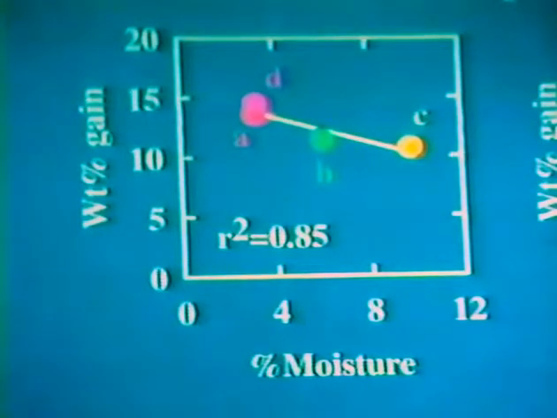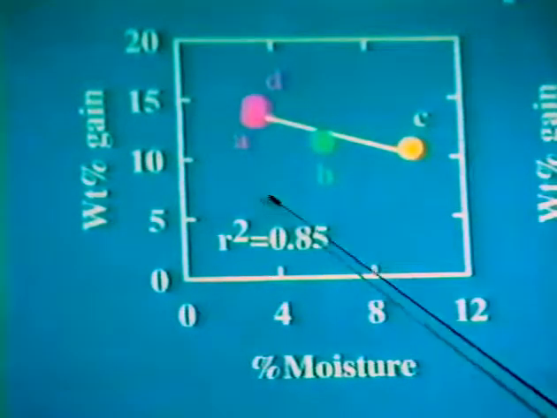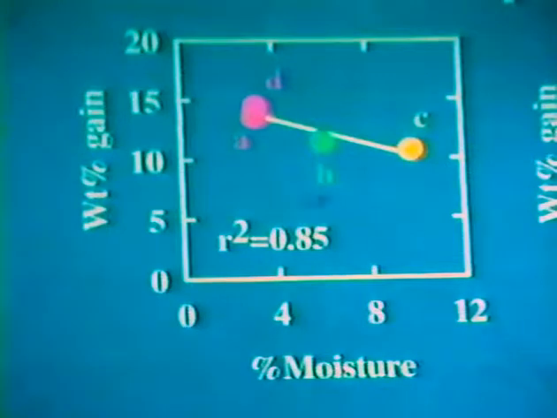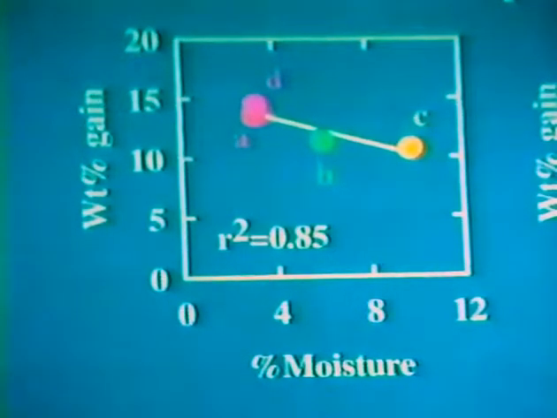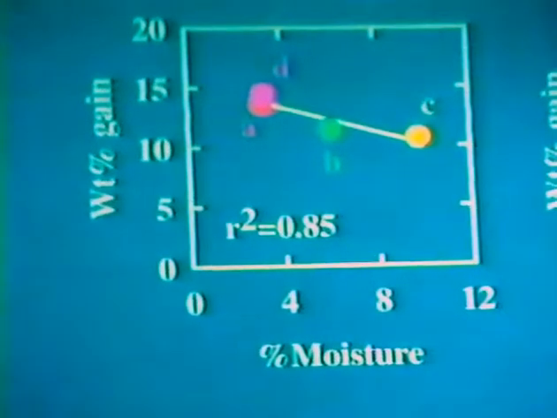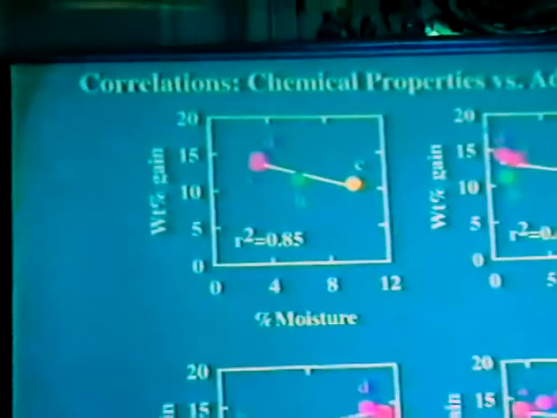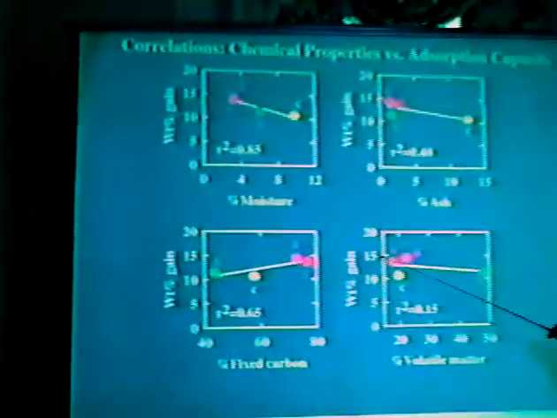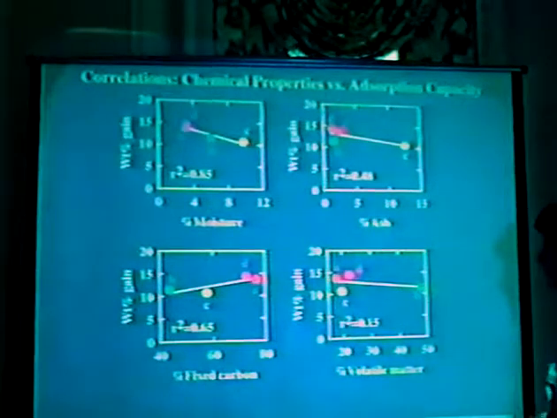So we feel that there's some other property here that also affects moisture that is causing this correlation. Otherwise, the two good performing carbons did have very similar proximate analyses.